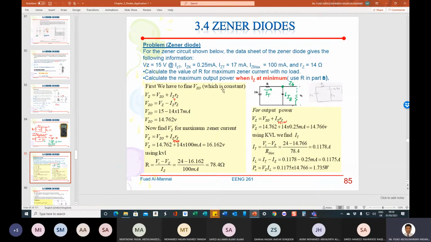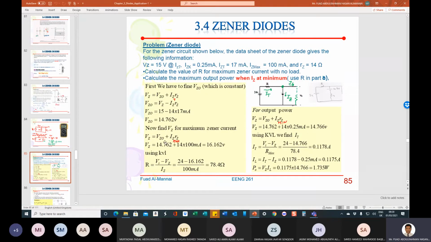So go ahead and calculate what VZ is now when the current is flowing at max. Of course, you know, VZ will vary a little bit.